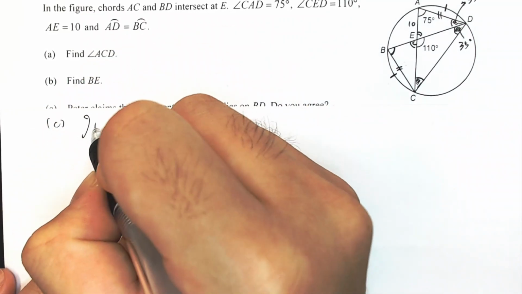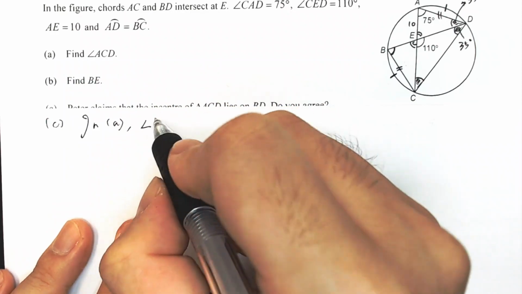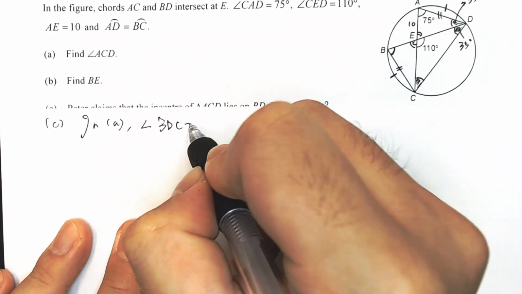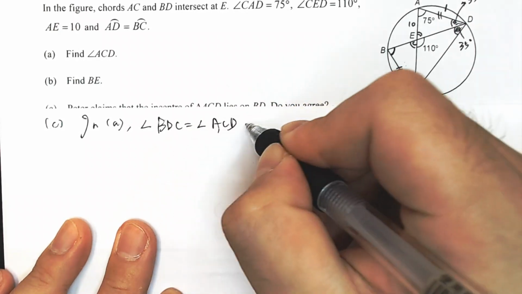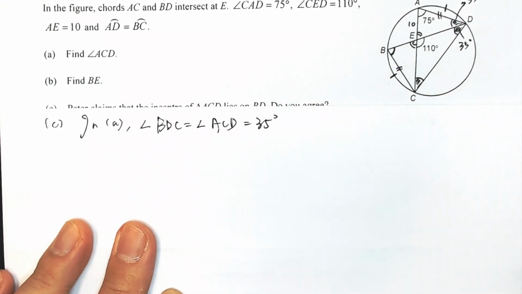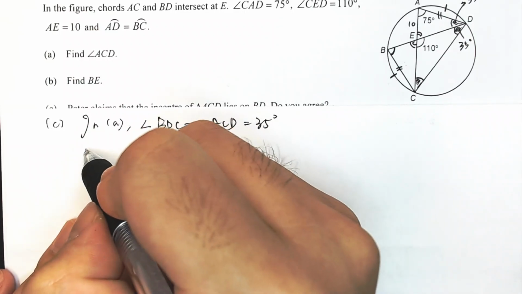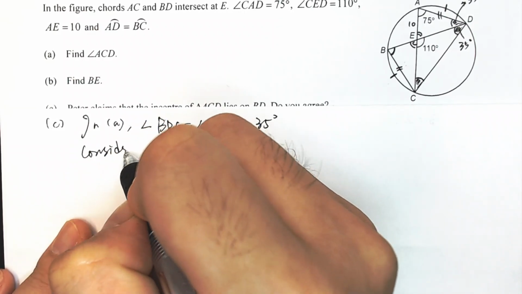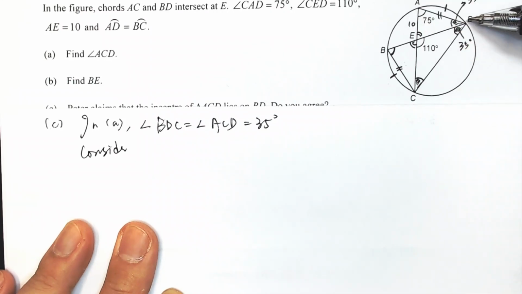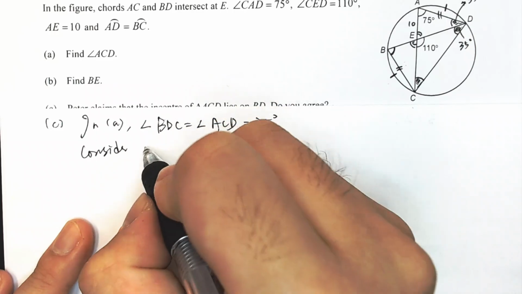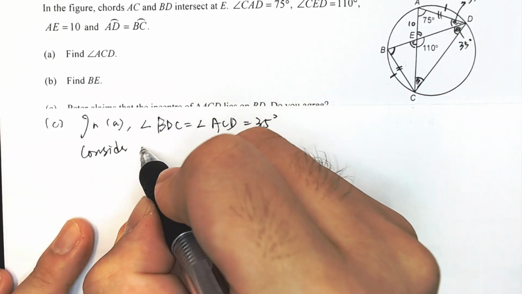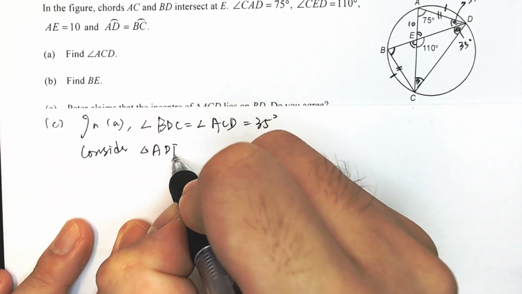Part C, in A, angle BDC equals angle ACD is 35, and then consider, okay, actually you may consider the interior angles of triangles here in ACD instead of using exterior angle of triangle. But anyway, I will consider the exterior angle of triangle. Consider triangle ADE.